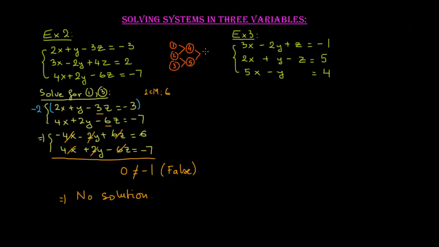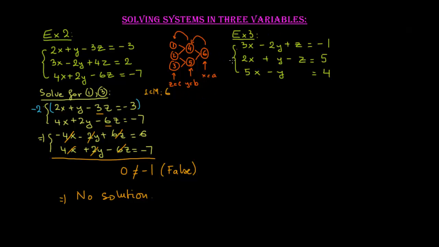Then we work with 4 and 5 to get the solution of the first unknown, let's say x equal to a. Then we back substitute into either 4 or 5 to get the second unknown, let's say y equal to b, and back substitute into 1, 2, or 3, either one of them, to get the last unknown, z, let's say equal to c.